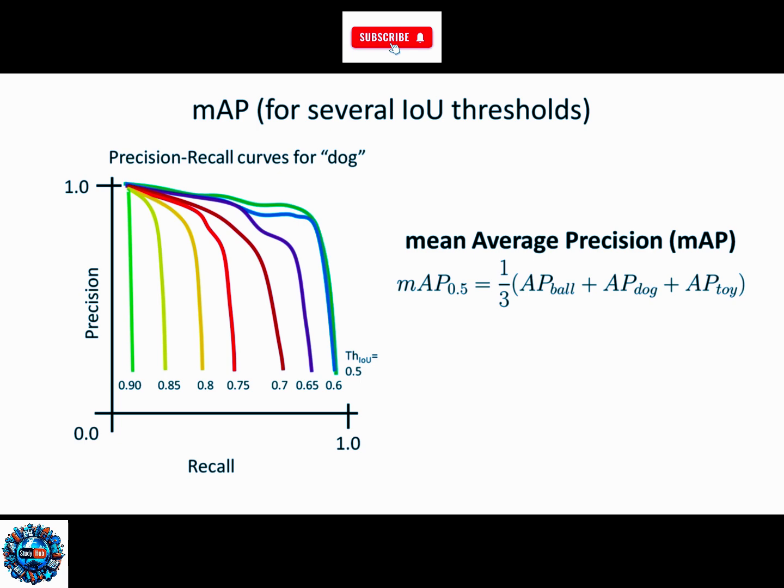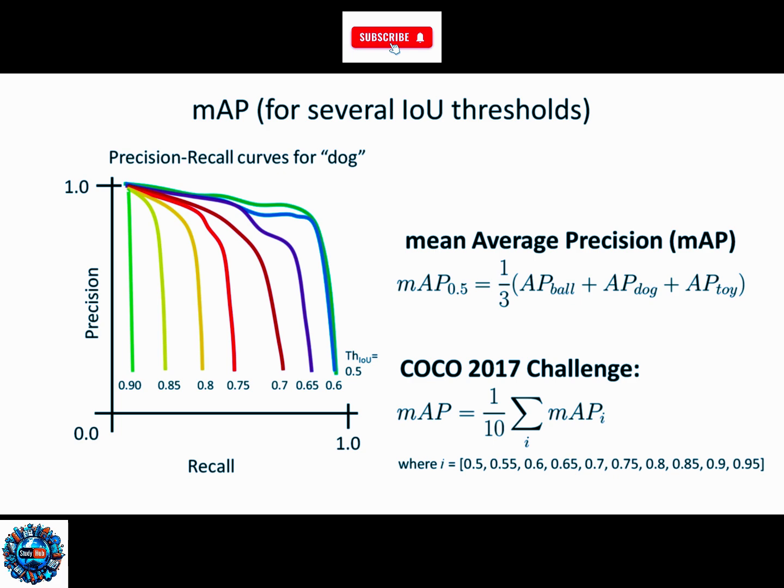The Coco 2017 challenge introduced a new scoring metric where the mean average precision was now an average of all the mean average precision values over 10 different IOU thresholds, ranging from 0.5 to 0.95. In other words, all average precision scores from all classes and a set of IOU thresholds were averaged together.